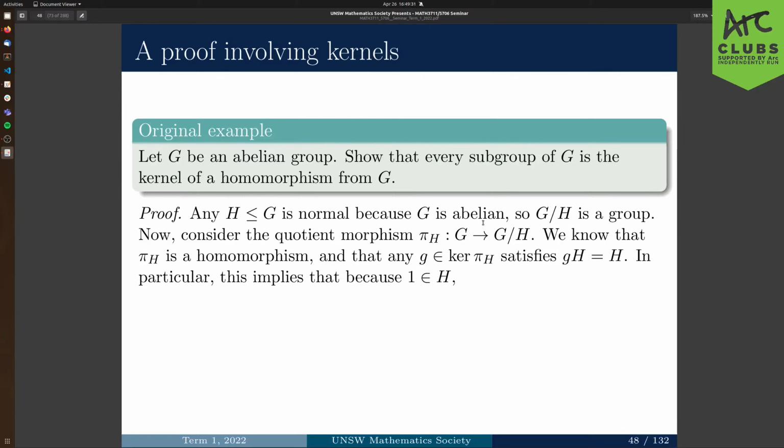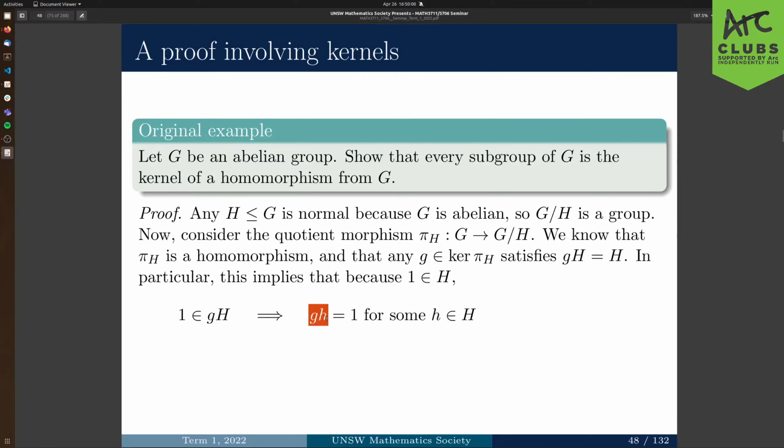So one thing I know is that obviously H is a subgroup, so it contains the identity, so I know that. And I know here that if G is in the kernel, then this is actually just the same thing as GH. So in fact, I can say that the identity has to be a member of this coset as well. But that implies that 1 has the form GH for some H in H, so I can write the identity as GH.